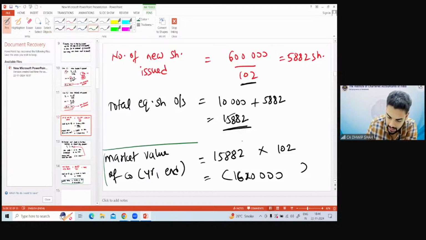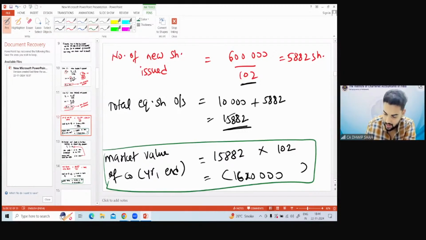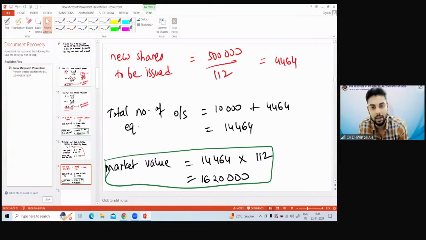देखो यहाँ पे भी 1620 था, and when dividends were not declared, the market value, market cap of the company remains the same. Not just the wealth of shareholder, the market value approximately of the company remains the same. This is the approx market cap of the company.